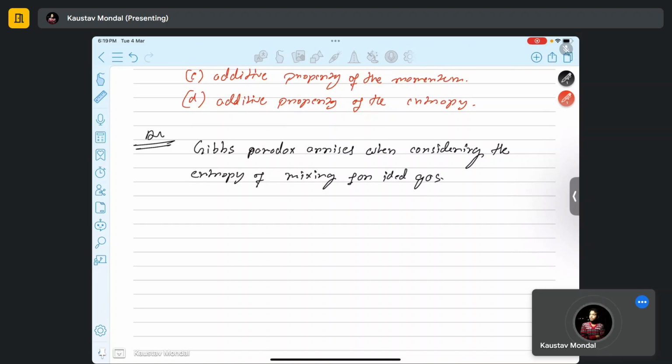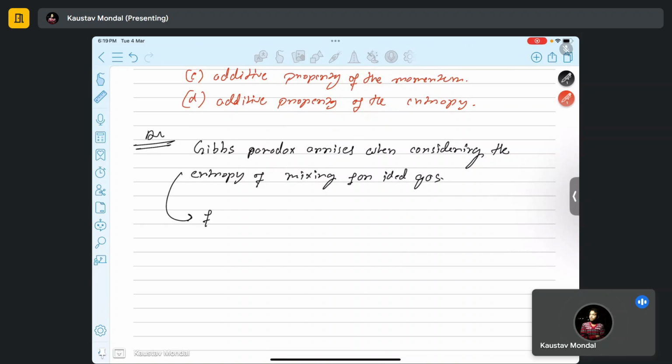In the Gibbs paradox, if you treat identical particles as distinguishable, then after mixing, in the entropy of mixing, you will get an incorrect result.